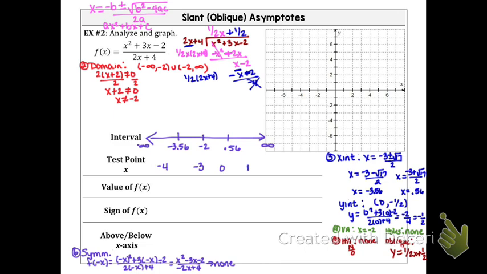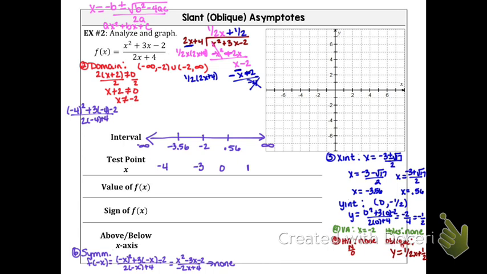And then it just kind of has it set up for us. So what is the value of f of x when we plug negative 4 in there? So I'm going to do a little work over here. I just use the original. I think it's just as easy. So we have negative 4 squared plus 3 times negative 4 minus 2 over 2 times negative 4 plus 4.